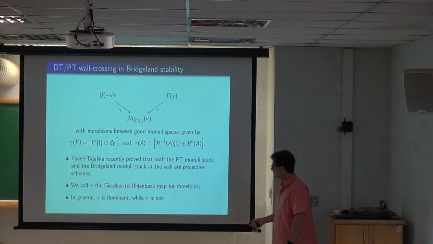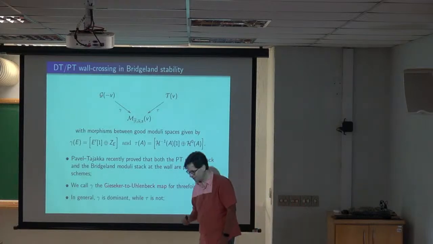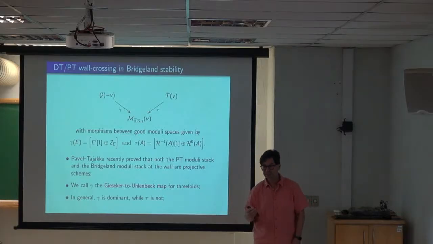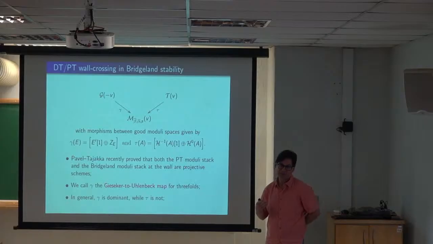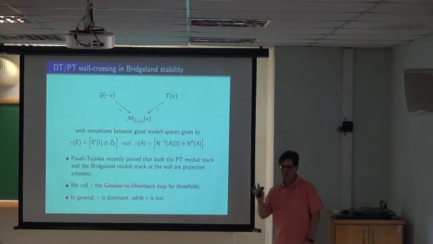And one important point here, in stark difference with the case of surfaces, is that for surfaces, these wall crossings in Bridgeland stability tend to be birational transformations. Right? But on threefolds, these maps are not birational transformations in any way, shape, or form. So this map gamma here is a dominant map.